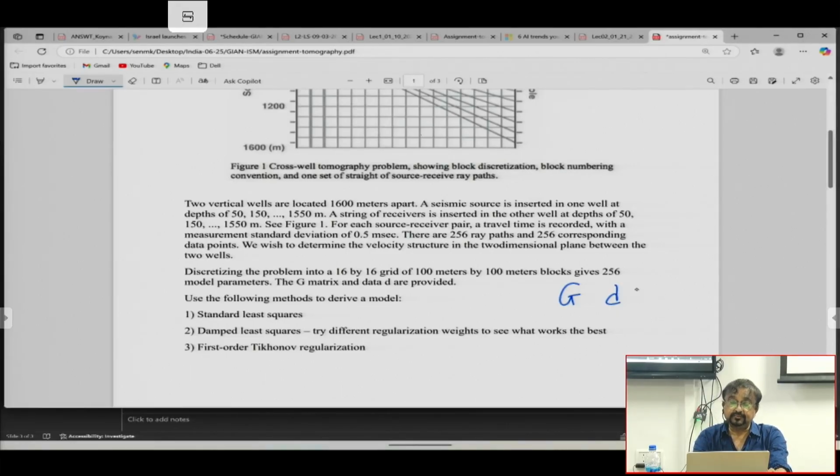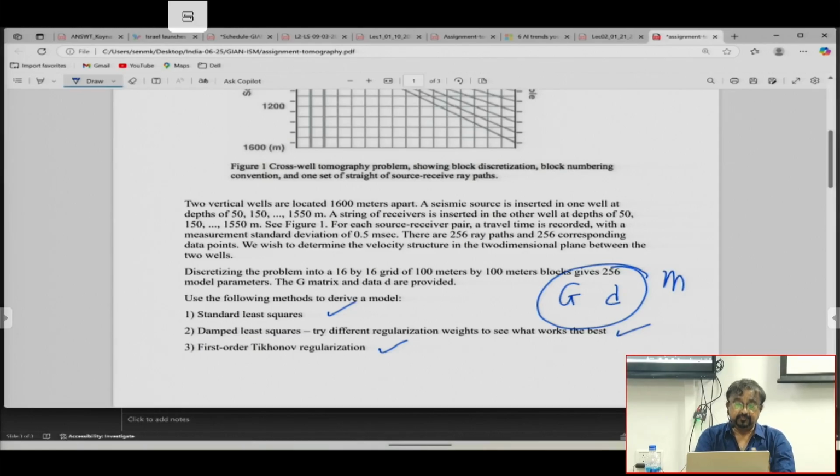I want you to find m using standard least squares and damped least squares. And there is another method, I don't know if someone talked to you about this, called Tikhonov regularization, which essentially gives you a smooth model.